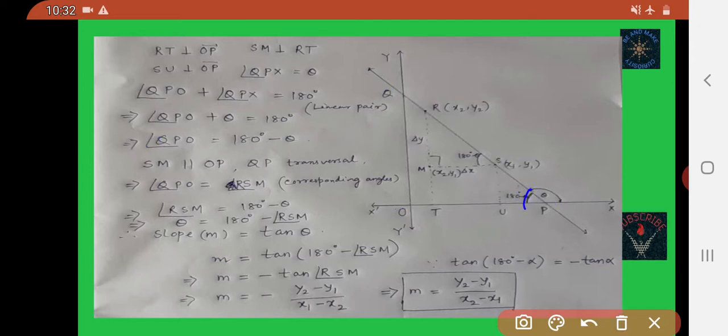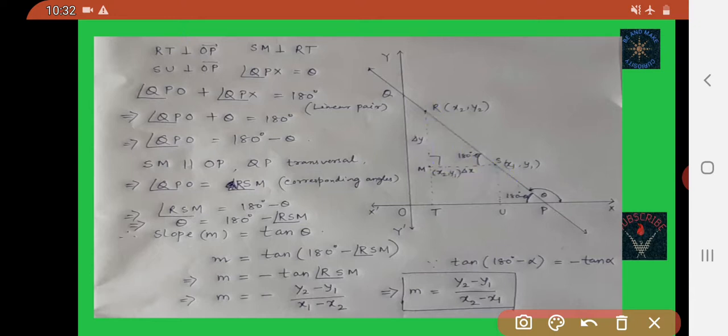Now you can draw RT perpendicular to OP and SU perpendicular to OP, and then SM perpendicular to RT. Then you get a right angle triangle.